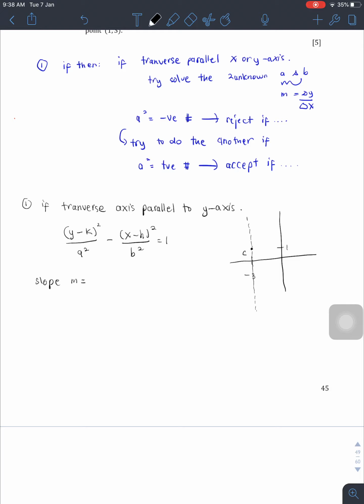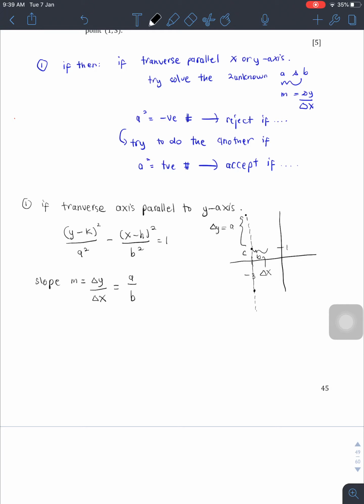Now if your center is over here, again remember vertices are going to be on your transverse axis, so your length of vertices should be a over here, and another perpendicular one, b, should be over here. Alright, so the slope, as I mentioned just now, is changes of y over changes of x. Over here, changes of y is a, and changes of x is b. So the slope is a over b.